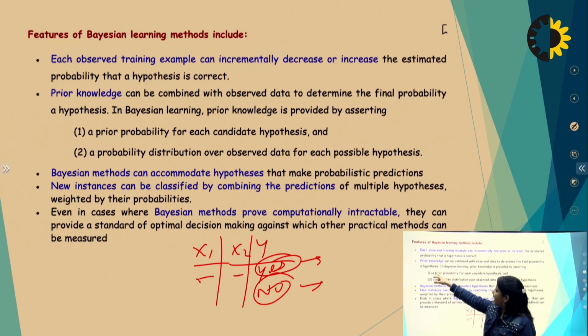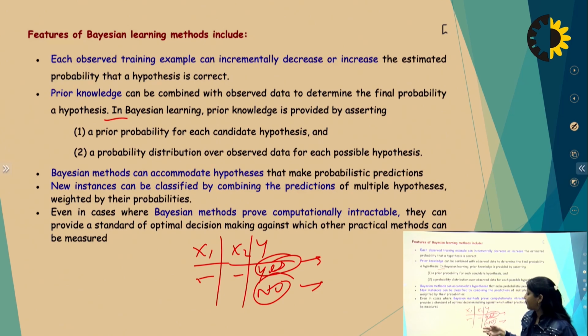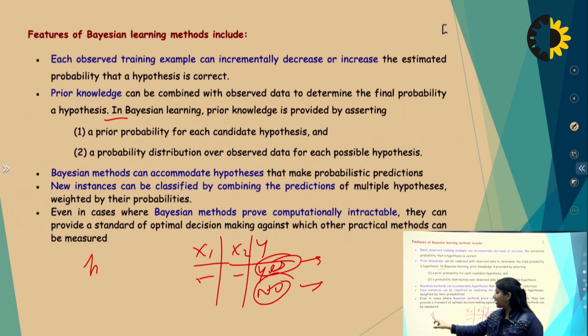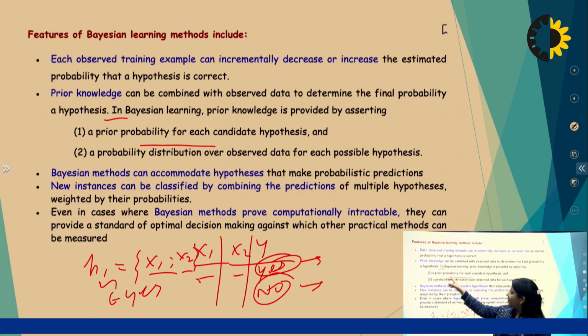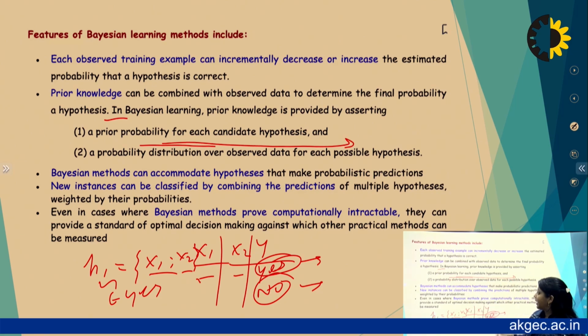Here we have to make the hypothesis. Hypothesis means we check the condition: H1 has feature x1 value and x2 value, and whether it belongs to the yes class, then this hypothesis belongs to the yes class. So hypothesis means we make the condition which is consistent with the respective class. In Bayesian learning, what is given in the data is the prior probability of each candidate hypothesis.